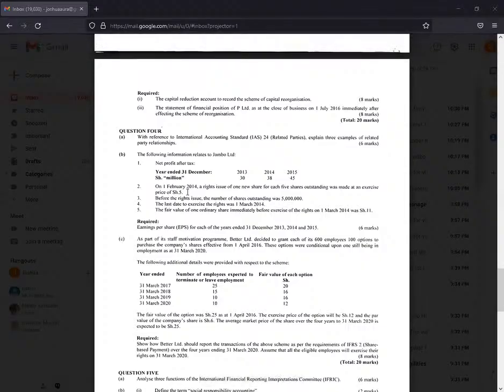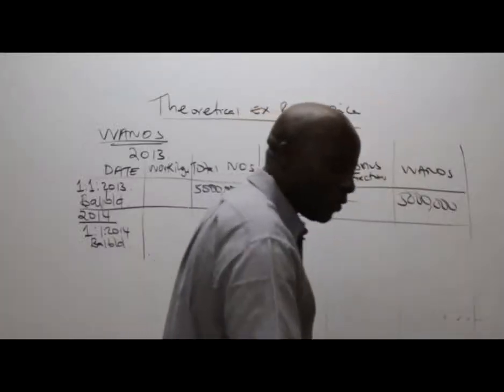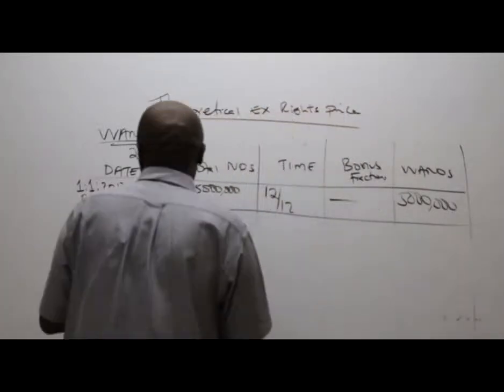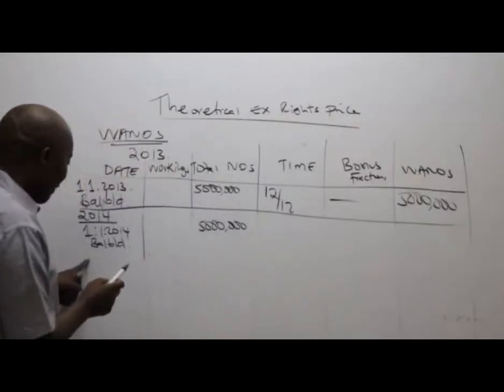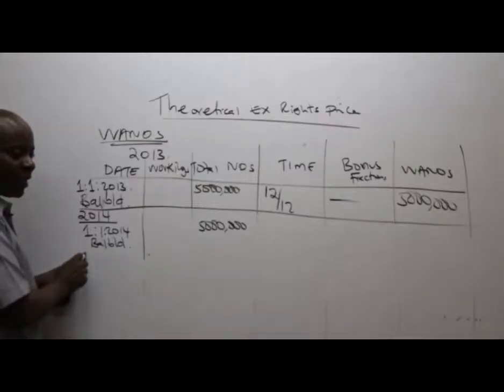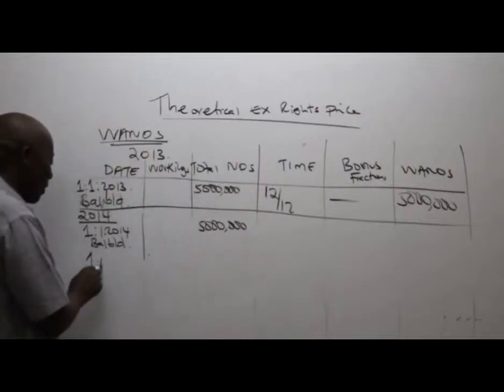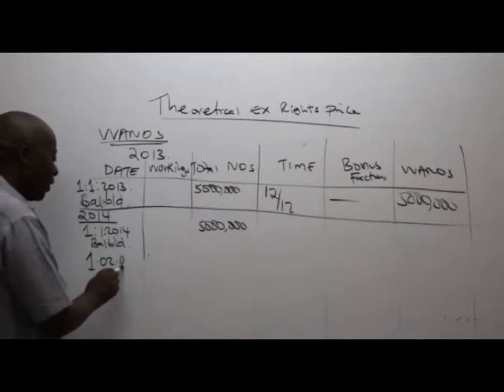So there was a new issuance of shares which will affect our number of shares. We have a very important date. Which date is this? The date of the rights issue. 1st February 2014.